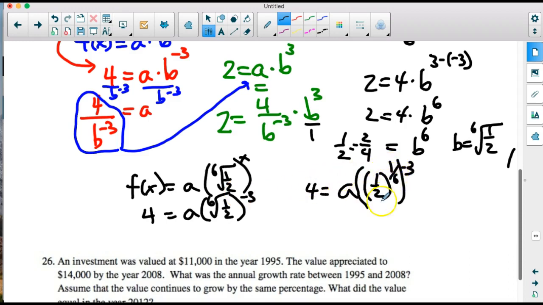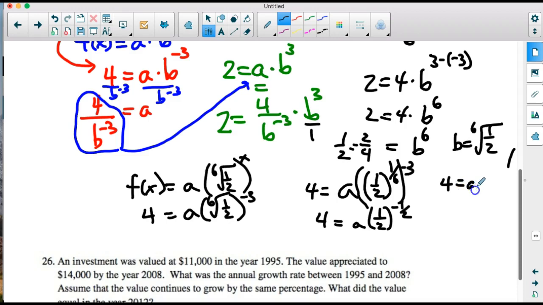Now if we multiply these together, since they're power on power, that's going to be 1/2 to the -3/6, or -1/2 power. And that would be negative exponents being reciprocals. So there's a lot of definitions here.